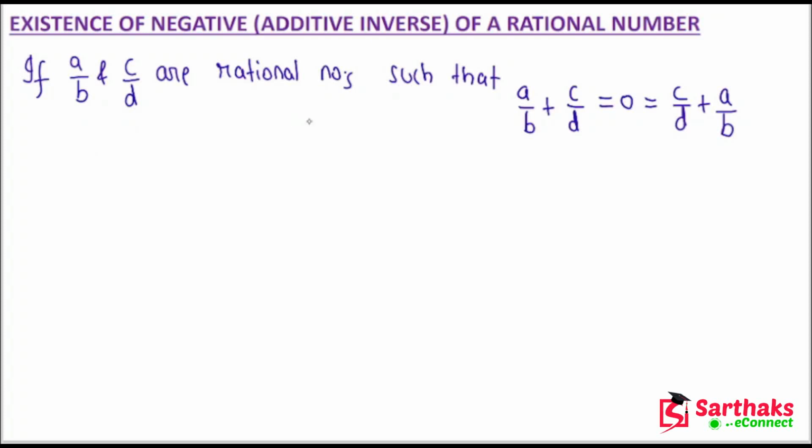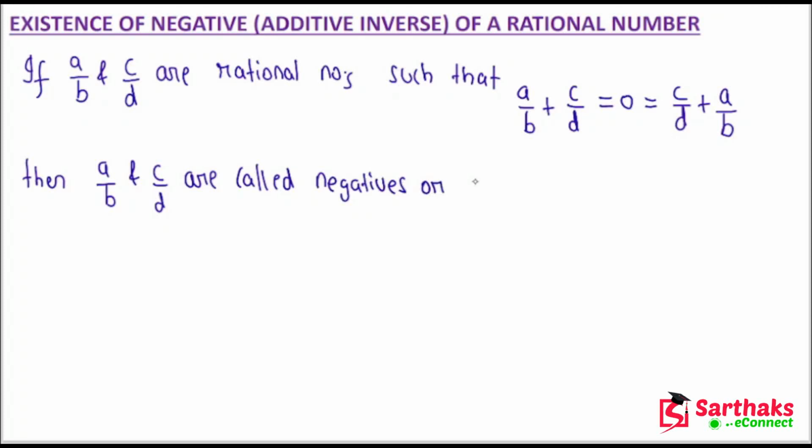So if a upon b and c upon d are rational numbers such that after adding them we are getting 0, then those rational numbers, that is a upon b and c upon d, are called negatives or additive inverse of each other.